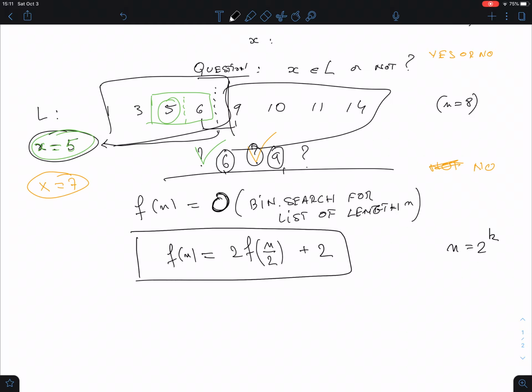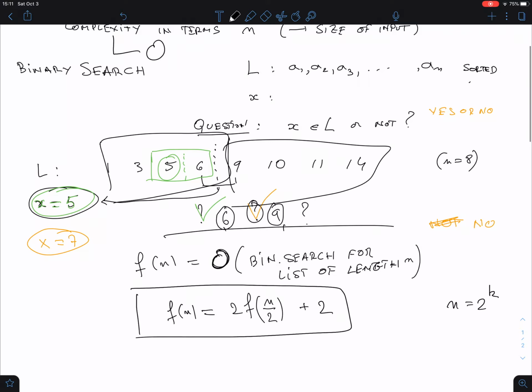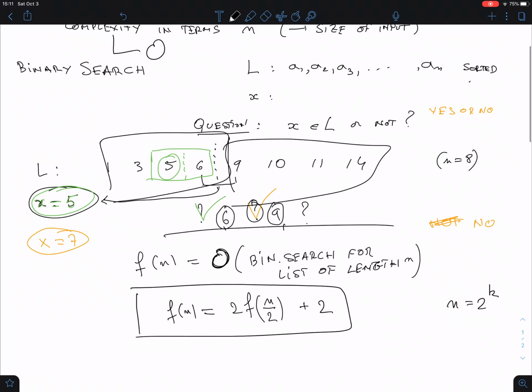Okay, so, I'm sorry, actually I realized I made a mistake. My analysis was not smart, because I said we divide it into 2 problems of size n/2, but we actually only solve one of the problems.